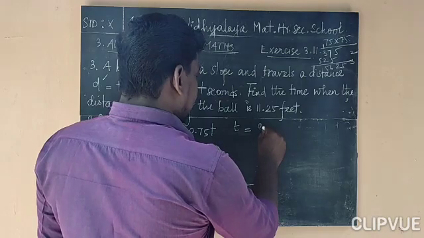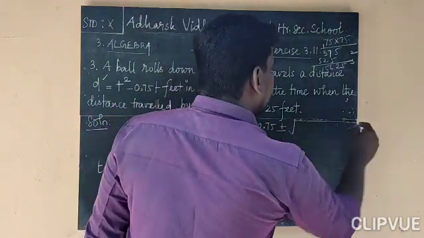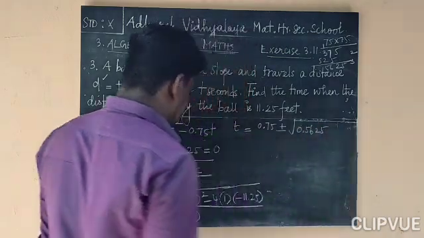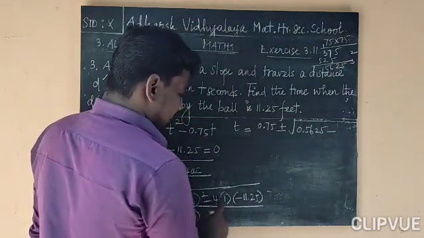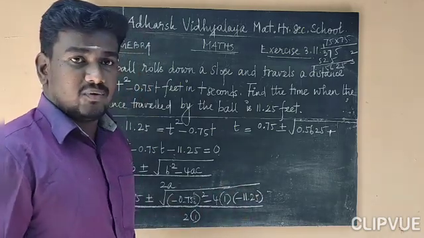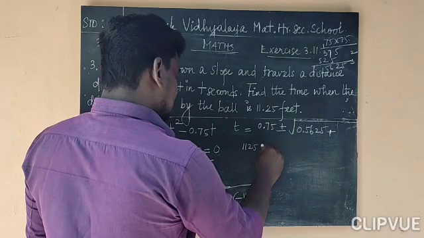So 0.75 plus or minus root of 0.5625. This minus into minus plus, so 4 into 11.25, what is the value? 1125 into 4.